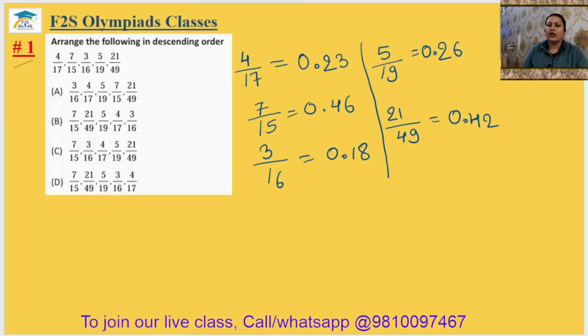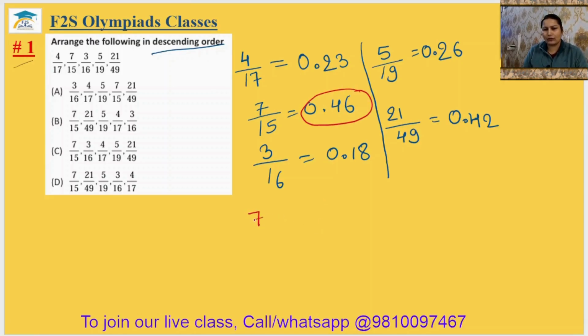Now we can check the tenths place and the hundredths place of the decimal digits, and we can decide which one will be smaller and which one will be greater. So we have to write it in descending order. We will write first the greatest value, and the greatest value here is 7 by 15, that is 0.46.